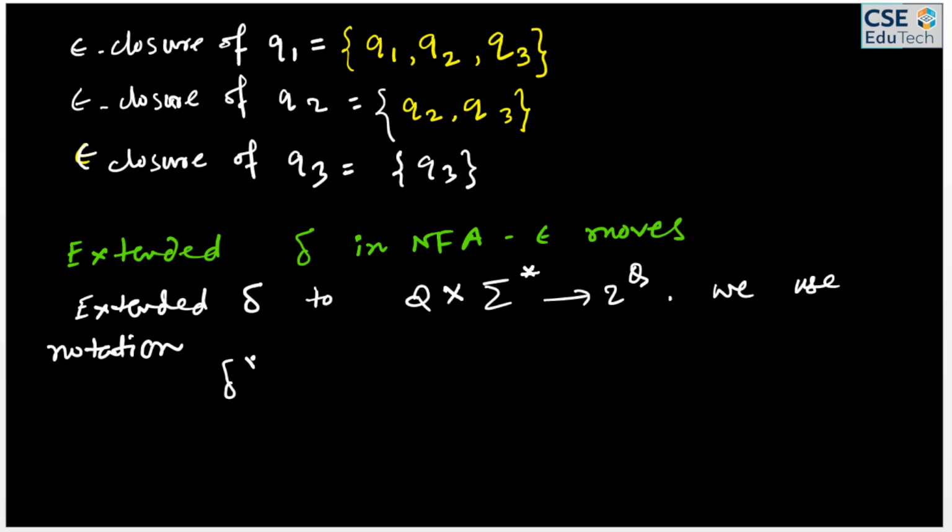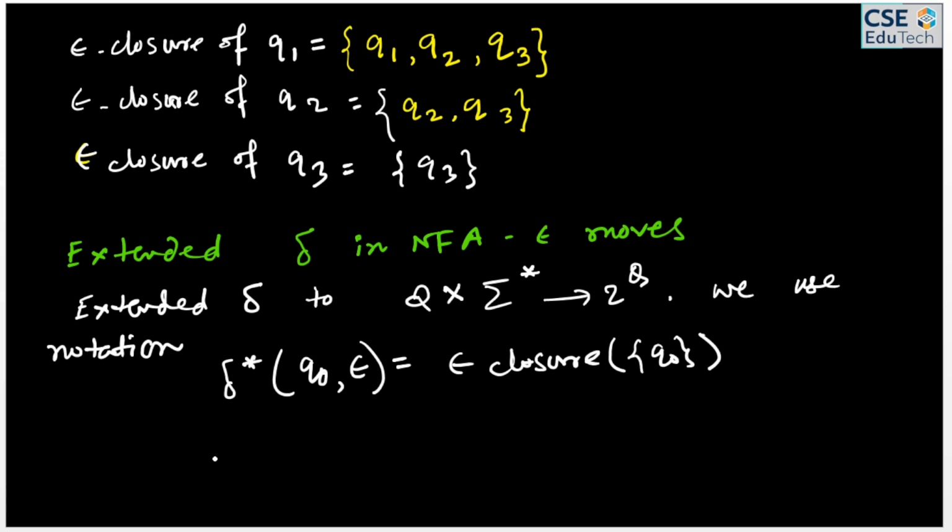that is delta star. Suppose the initial state Q naught, delta star of Q naught and epsilon is basically epsilon closure of Q naught. So we just extend this delta, as we have seen, Q cross sigma star to 2 to the power Q. We extend this concept here.